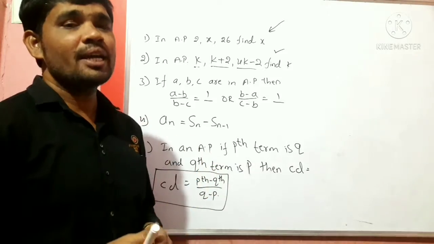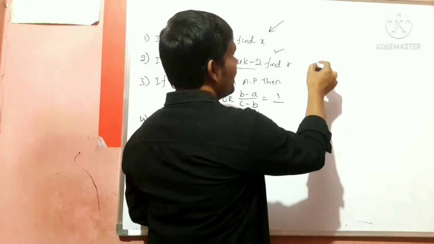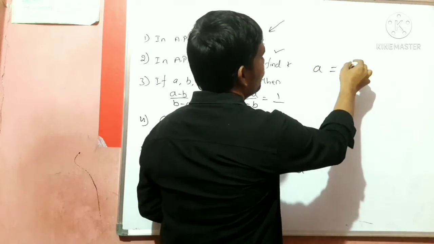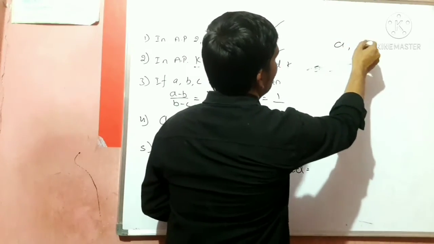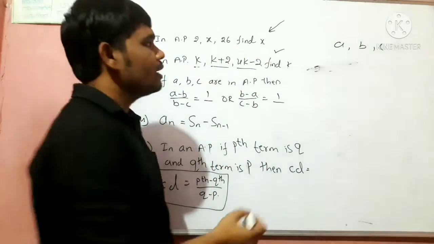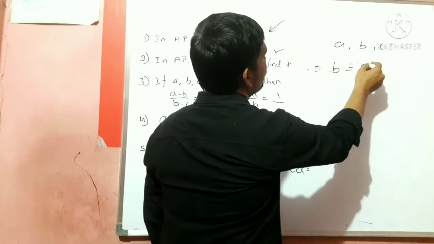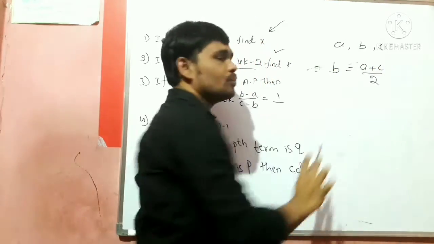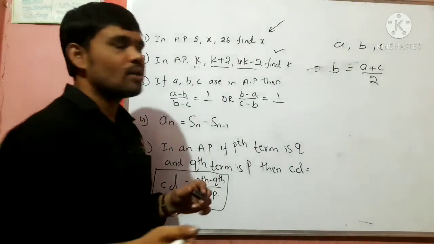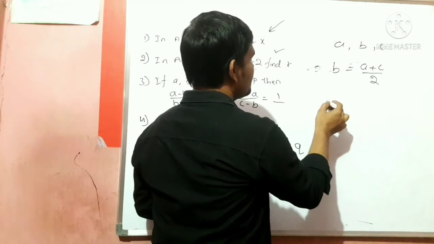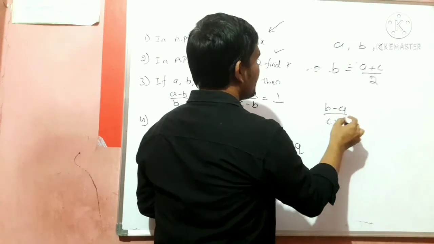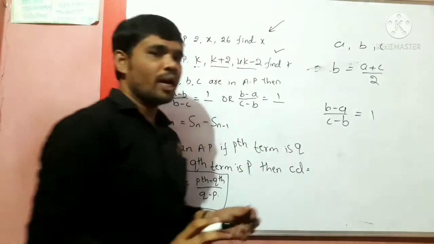Just remember that when 3 terms are given, the middle term is always the average: if A, B, C are in AP, then B is equal to (A plus C) by 2. Use this formula and solve it. And for the common difference, (B minus A) by (C minus B) is always equal to 1.